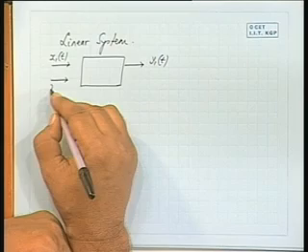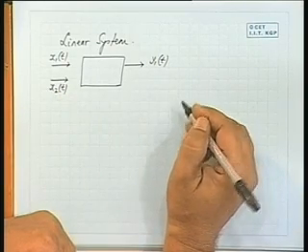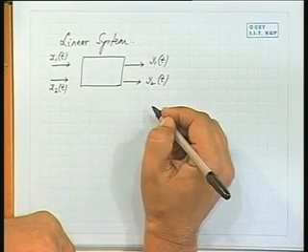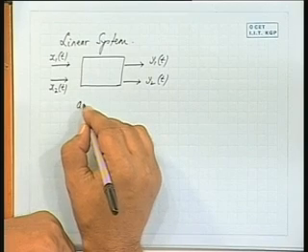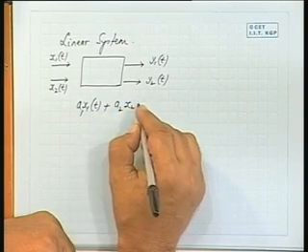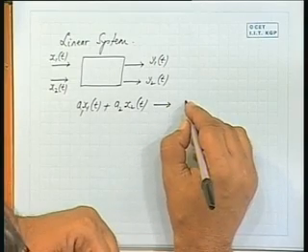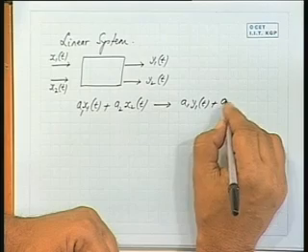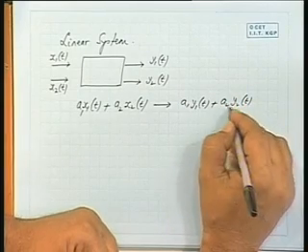As we had mentioned, a linear system will have the following property. Mathematically: if we excite a system by an input x1(t), which can be either a voltage or a current, and the corresponding output is y1(t); and similarly, if we excite it by an input x2(t) and the corresponding output is y2(t), then any combination of x1 and x2, say a1 x1(t) plus a2 x2(t), will result in a1 y1(t) plus a2 y2(t) if the system is linear. This is the principle of superposition.